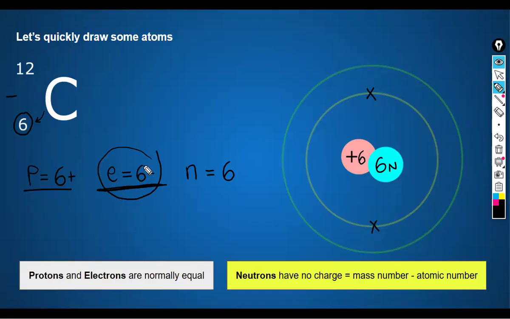So we have 4 more. The next shell could hold up to 8, and we only have 4 to fit. You can put the 4 like this: 1, 2, 3, 4. Some people space it out real nice. It's really up to you how you want to put the 4. Just make sure you get the 4 on the other ring.